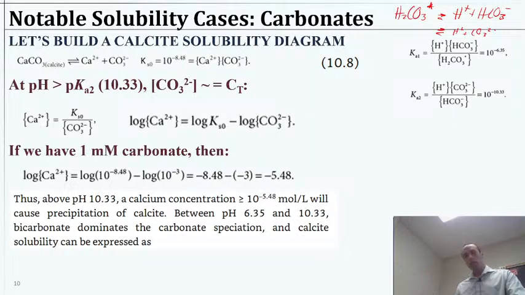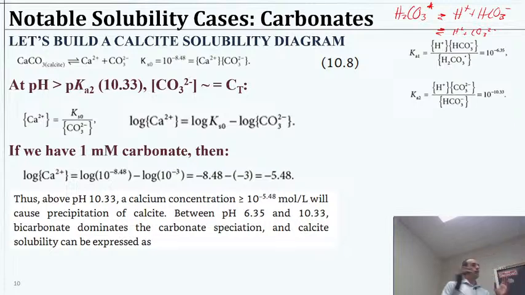This is H plus times HCO3 minus over H2CO3. The Kas are 10 to the minus 6.35 and 10 to the minus 10.33. So we've seen this before. This is the carbonate system. Okay, for calcite, CaCO3 in the calcite form, we have a solubility product of 10 to the minus 8.48. So we can set that equal to the activity of the calcium times the activity of the carbonate.